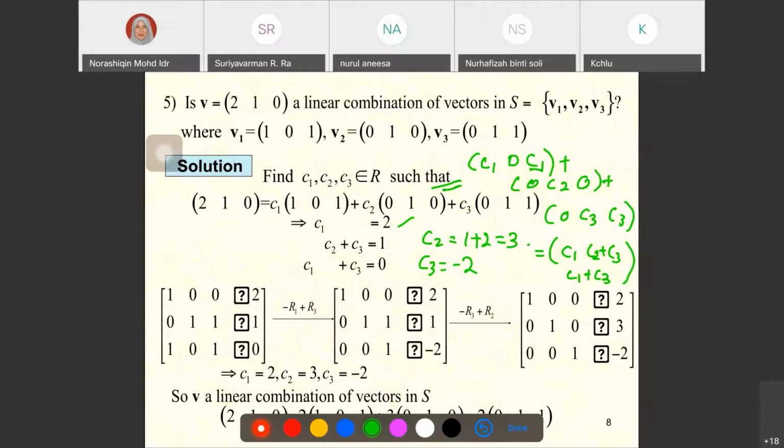Yes. Row 1 by 3. So C1 equal to 2. C2 plus C3 equal to 1. C1 plus C3 equal to 0. Okay, Doctor. Then we just substitute. Okay, we substitute. So we get C1 is equal to 2. C2 is equal to 3. Okay, Doctor. Yep. I understand.